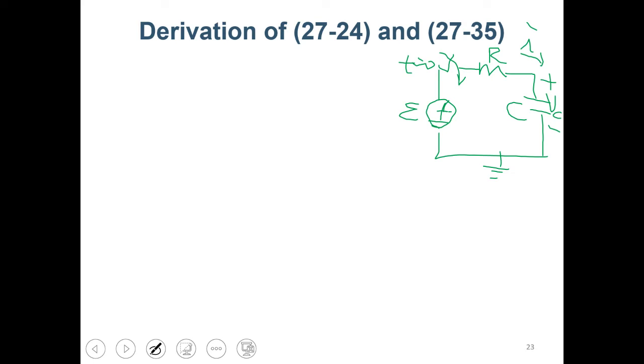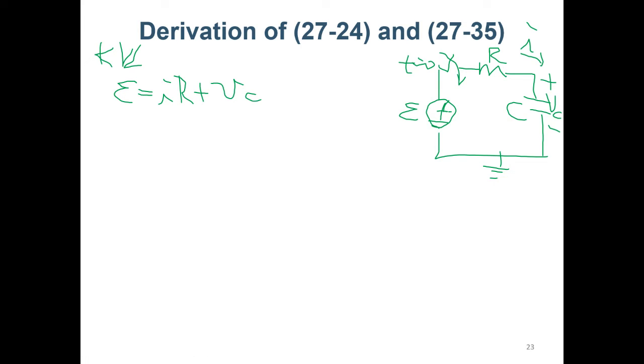So in this case, applying the KVL, we have E equals IR plus VC. So going from this point, going up E, I is clockwise, so voltage drop for the resistor, so IR, and then VC is also a voltage drop. This is plus, this is minus.